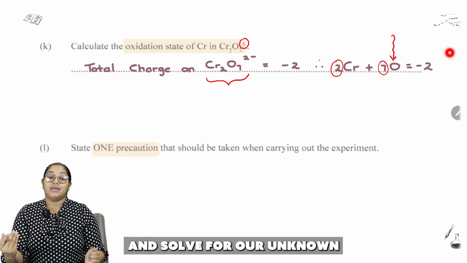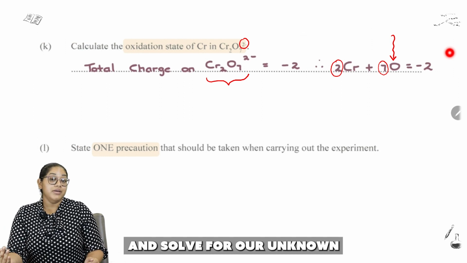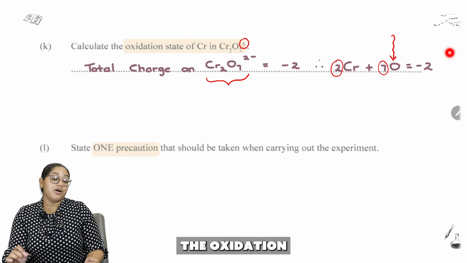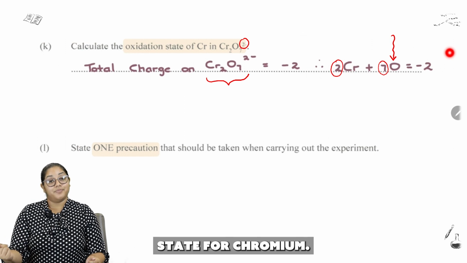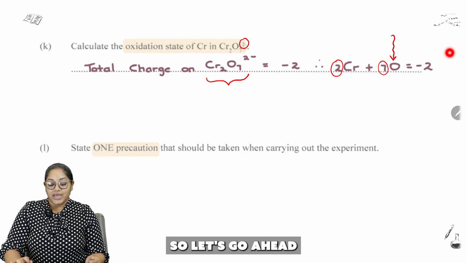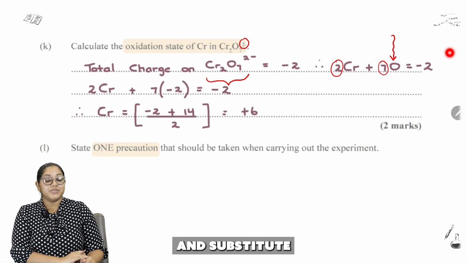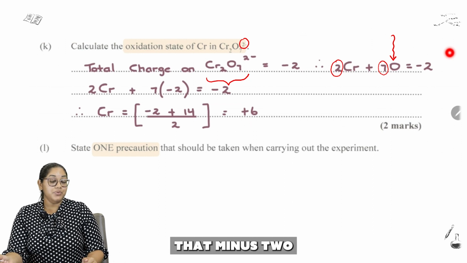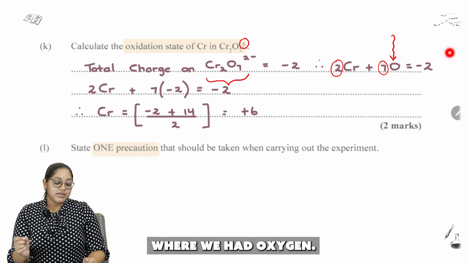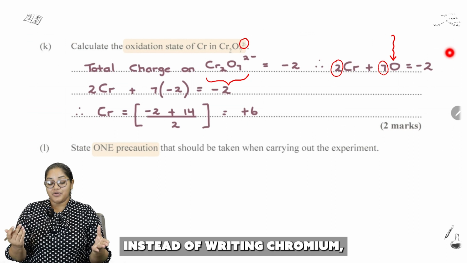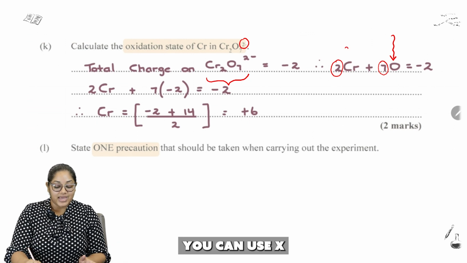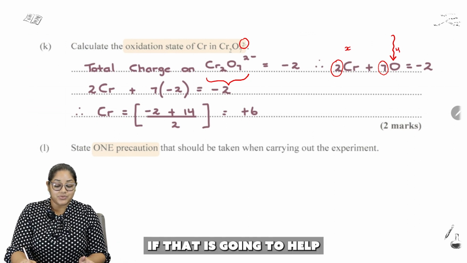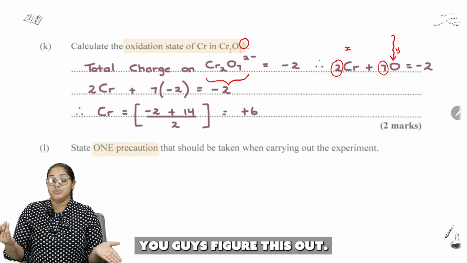Can you guys go ahead and solve for our unknown? That is actually going to give us the oxidation state for chromium. So let's go ahead and substitute that minus 2 where we had oxygen. So if it would help you guys, instead of writing chromium, you can use x and y if that is going to help you guys figure this out.